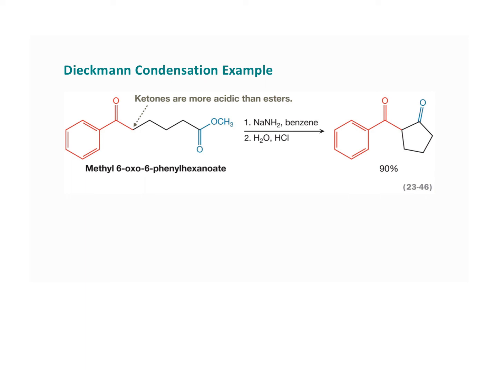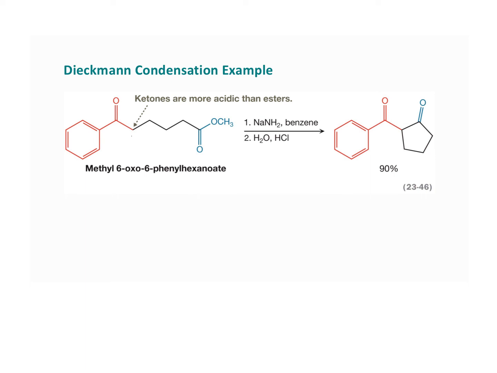And so when we look at this, it cyclizes when the reaction is treated with sodium amide, and that gives us a 5-membered ring product here.